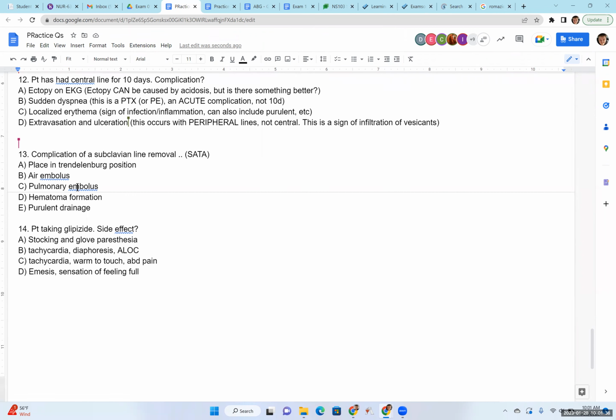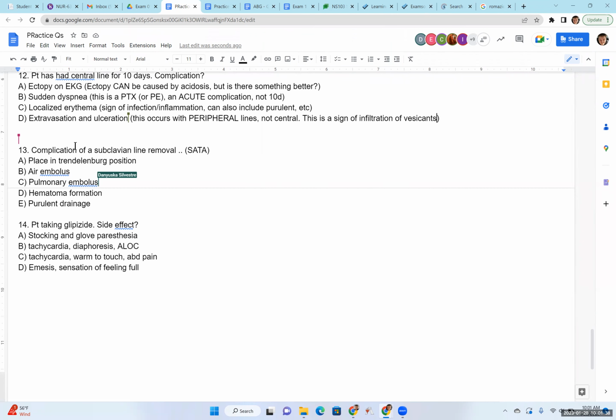All right, 2 more. Complication of a subclavian line removal. So placing in Trendelenburg, is that a complication? No, that's not a great response, but this is to prevent, right?